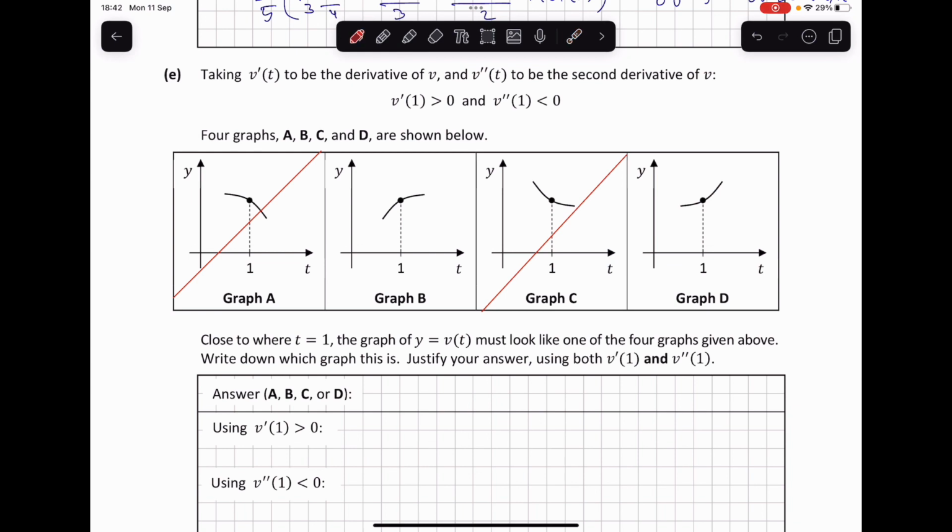So it could be B. We'll just check D just in case. No, in D after time 1, it keeps on accelerating and the acceleration actually gets greater, which means it's accelerating faster and faster, hence the speed going up more and more. Okay, so it's not D, it must be B.